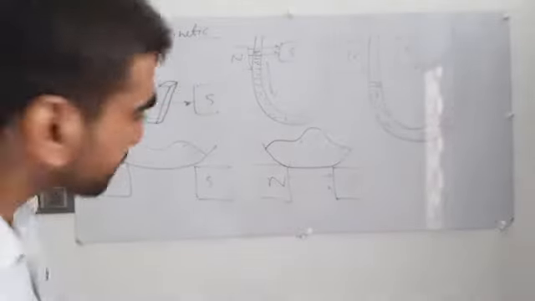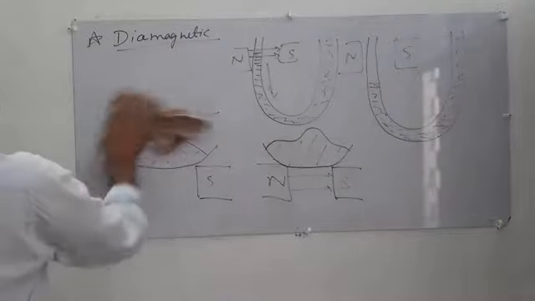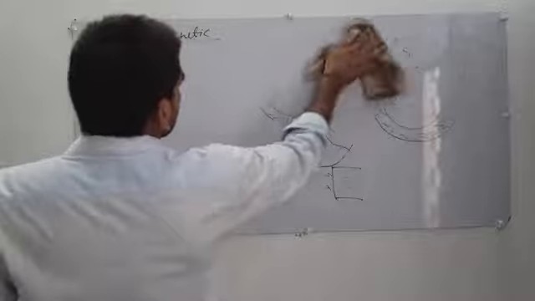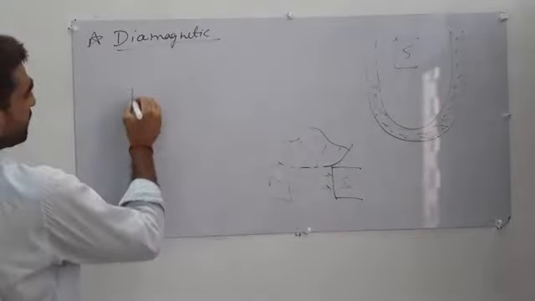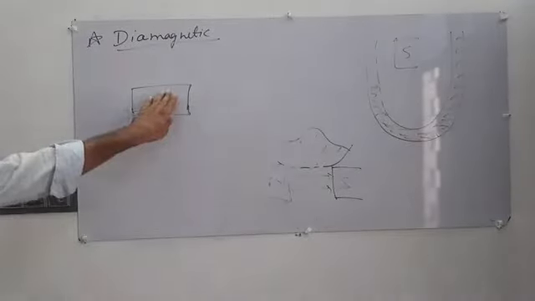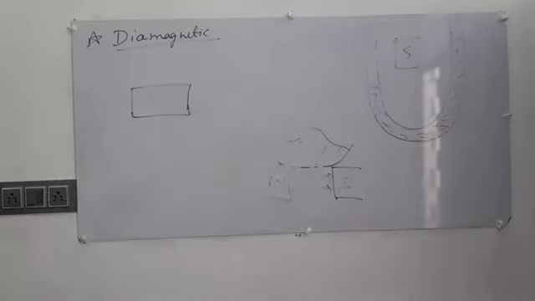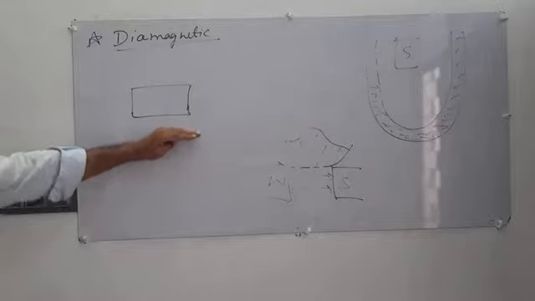Now the second thing related to diamagnetic material: if this is a diamagnetic specimen and it is placed in a uniform magnetic field, then it repels magnetic field lines.